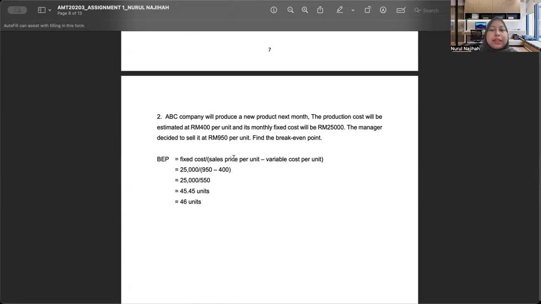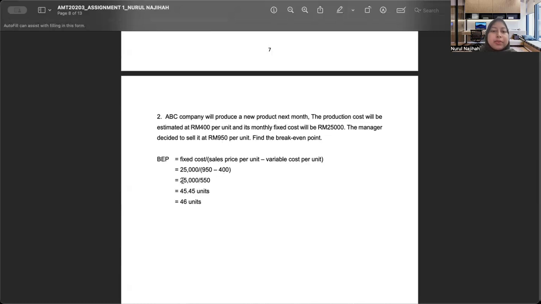By finding the sales price per unit minus the variable cost per unit, we will get the contribution. It is already stated in the question, so we just need to replace in this formula. 25,000 is the fixed cost, and then 950 is the sales price per unit, and then 400 is the production cost.